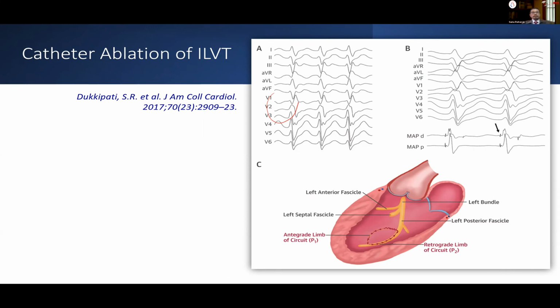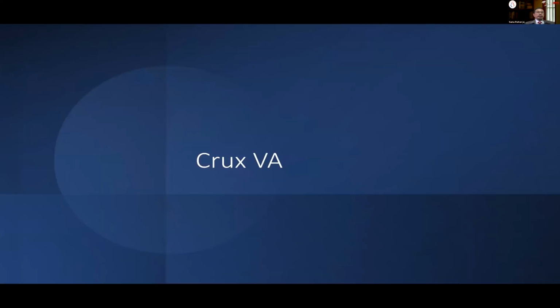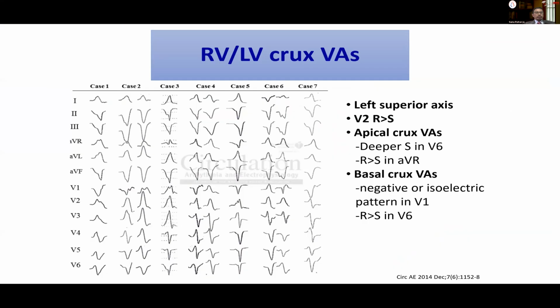What we do is map the Purkinje potential. For crux ventricular arrhythmia, usually they have this kind of left superior axis and V2 R, where in V2 the R is more than the S wave. And for the apical crux, of course, you have to see V6 and V1.